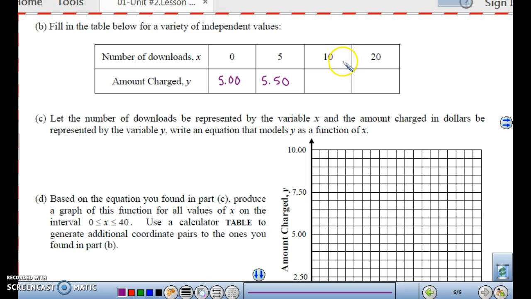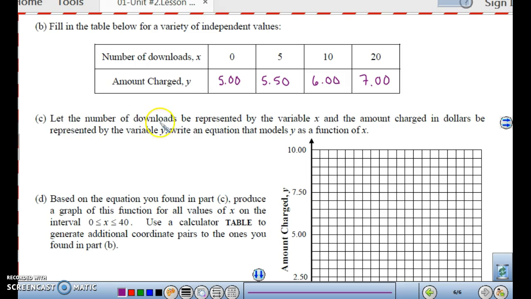For 10 songs, you'd have to pay the $5, and then 10 times 10 cents is $1, so that would be $6 that you'd have to pay. And then for 20 songs, you'd have to pay the $5 plus 20 times 10 cents is $2, so that would be a total of $7. So you can see how much you're charged is a function of the number of downloads. So you have to know what your independent variable is to figure out what your charge is.